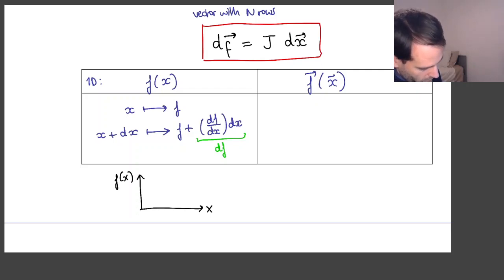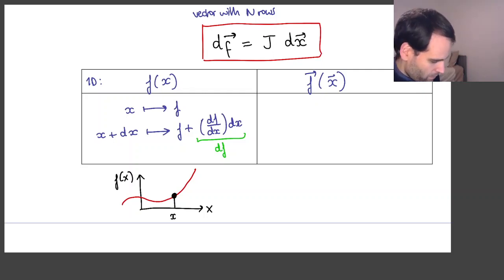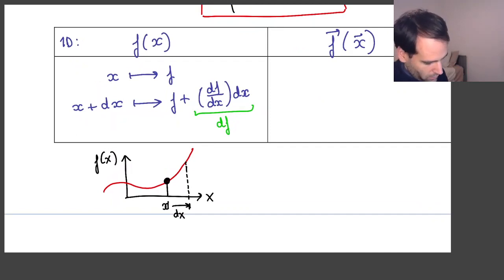so we have a certain function here. So remember, if this is a certain value x, and now we increase by an amount dx, so we end up here, yeah? And dx is small enough. This means that we are zooming in enough that this function behaves like a straight line locally, yeah?